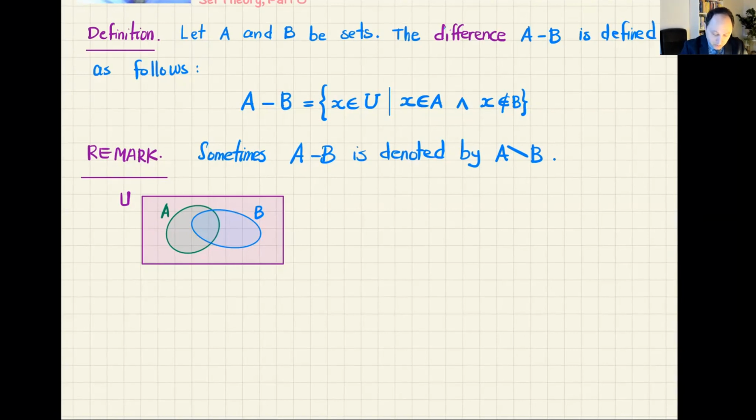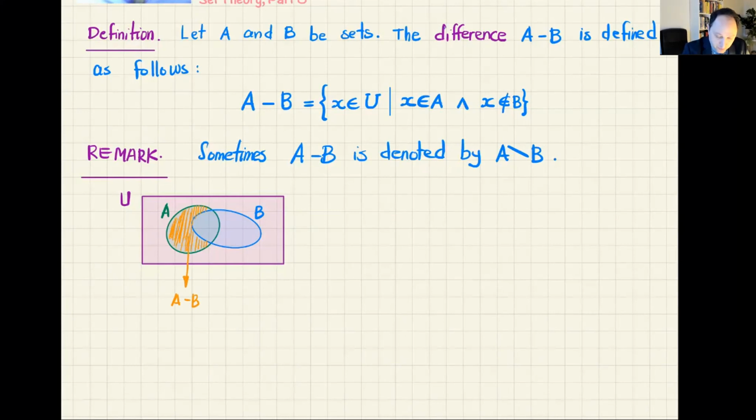So it is clear where they are, yes? So those parts which are in A but not in B. So this part that you see that I am now coloring is actually A minus B. These are all elements which are in A, but they are not in B, yes? So this part is A minus B.